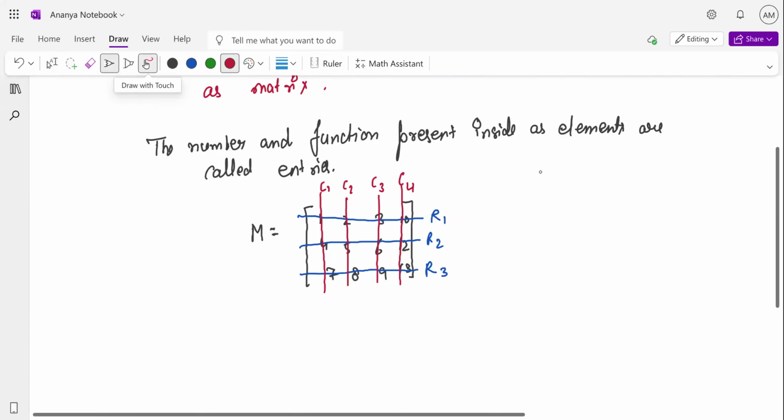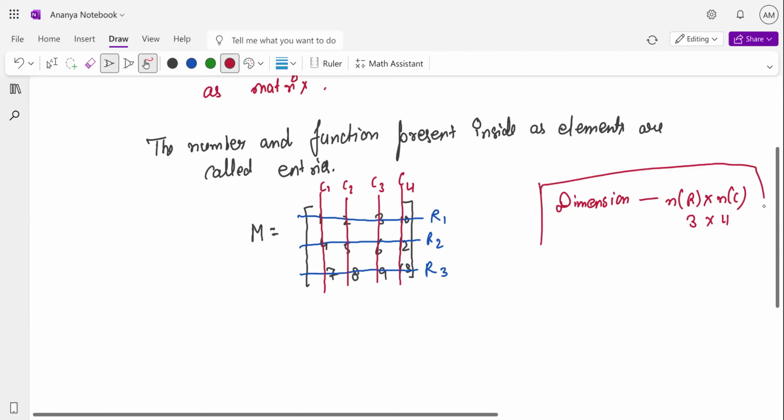Basically, we call the dimension the number of rows into the number of columns. Clear? So if I ask what is the dimension of it, it's 3 into 4. Here we have rows and columns as 3 into 4. Clear? This is how we can represent it.